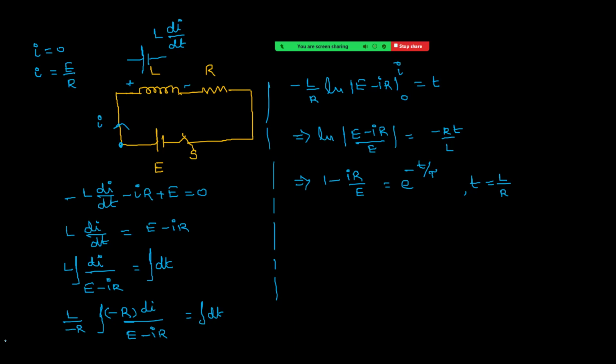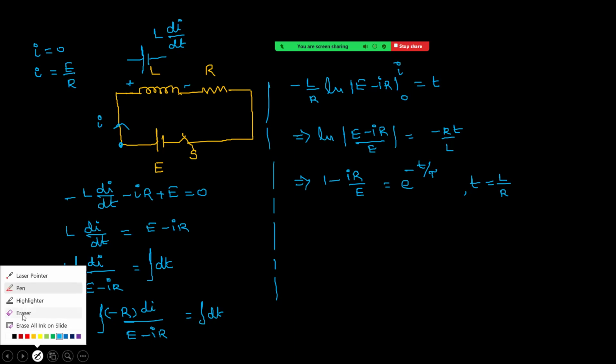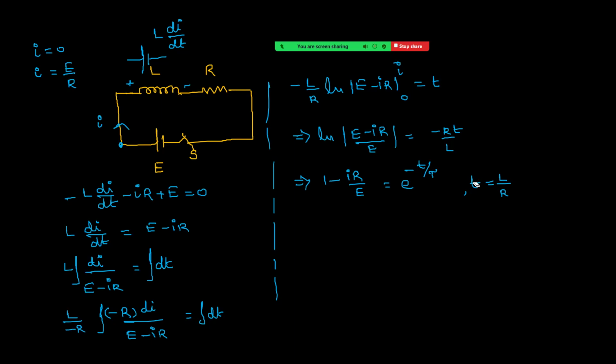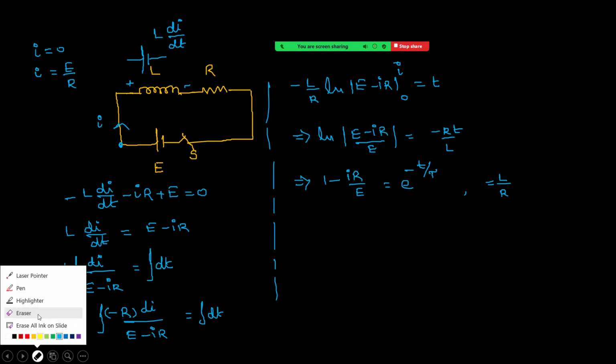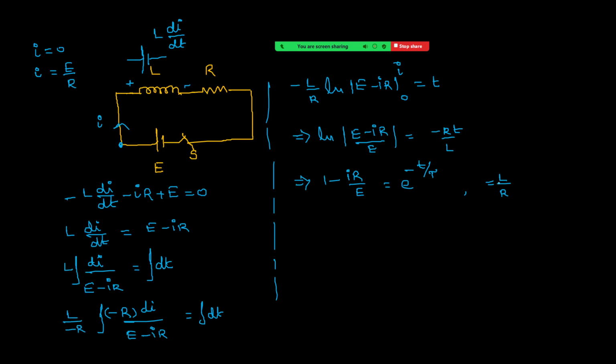This is the tau, which we are calling the time constant because it has dimensions of time. We can see in the case of RC circuits, RC is known as the time constant. Here, L by R is known as the time constant. Right, now simplify this.